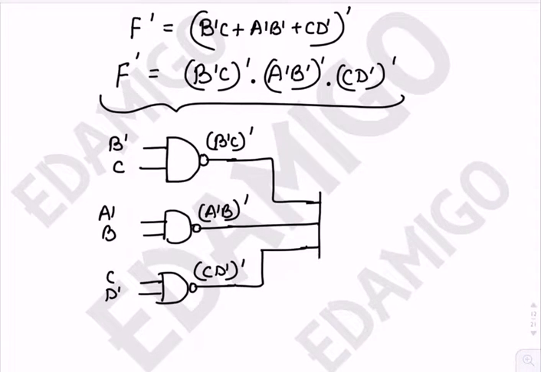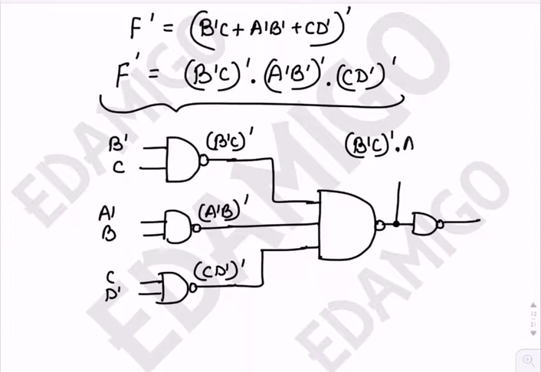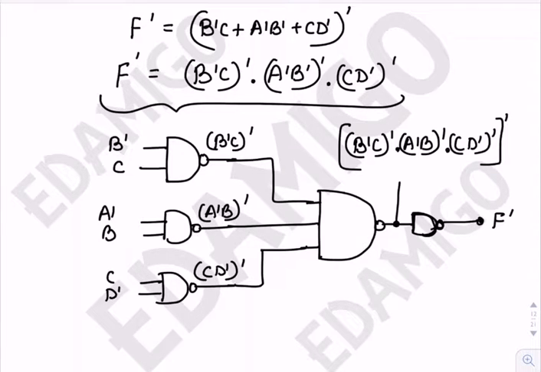Apply these as input to the NAND gate, and then we have to apply a NAND gate again, because here we will get the product of these three terms with a complement, but this NAND gate will act as a NOT gate, and here we will get F complement as the result. Okay, so this will be the implementation.